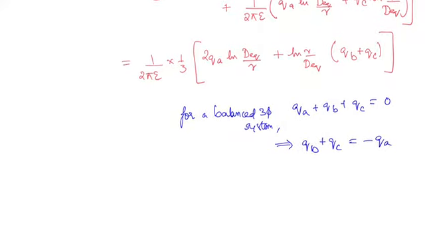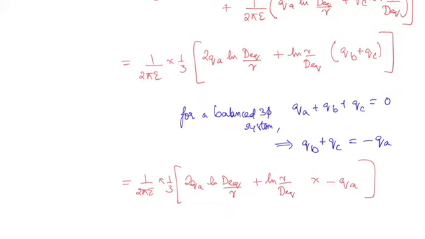So this expression is going to become 1 by 2 pi epsilon into 1 by 3 into 2QA ln DEQ by R plus ln R by DEQ into minus QA. Now this minus, if you take inside the logarithm, you are going to get DEQ by R. So then these two expressions will be one and the same.